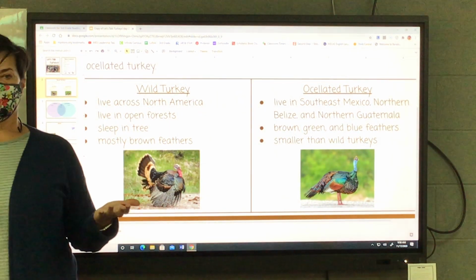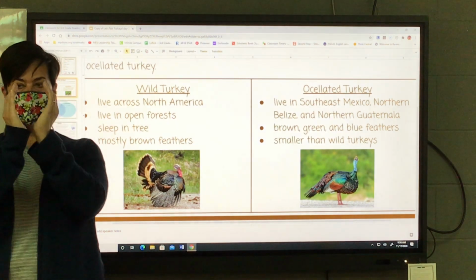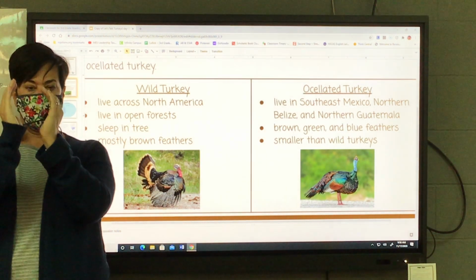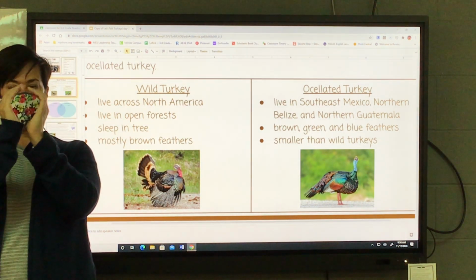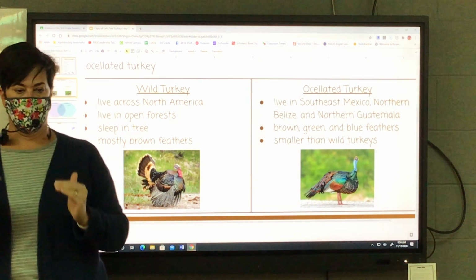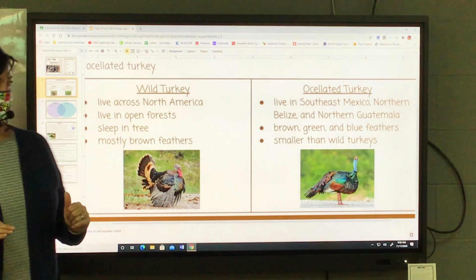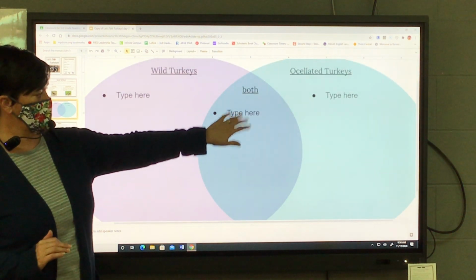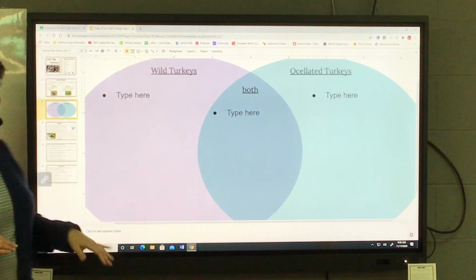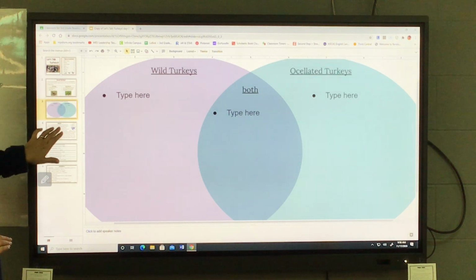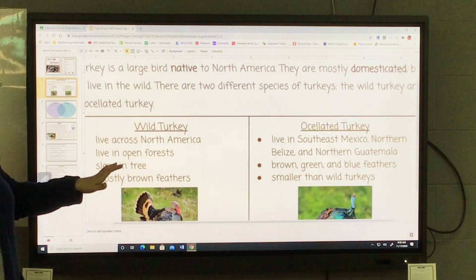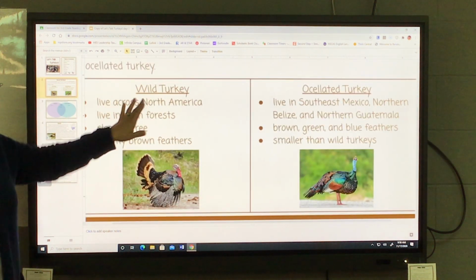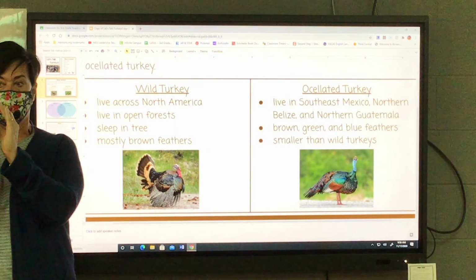What's the same? What would go in the middle part where the purple and the blue ovals overlap? In this part right here. Both of them are what? Turkeys. Oh, okay. So is that something that we could type for both? Yeah.